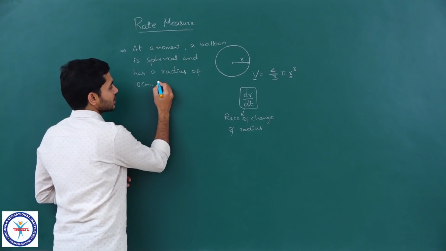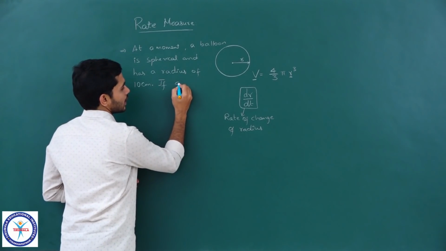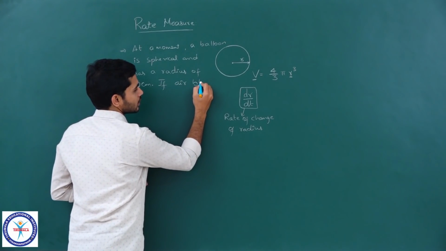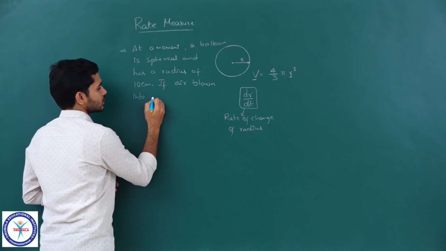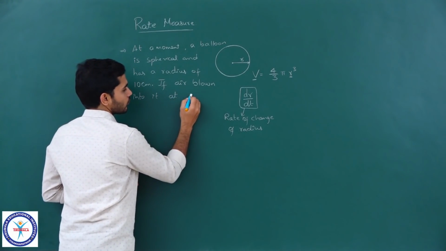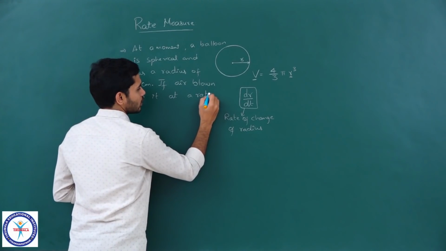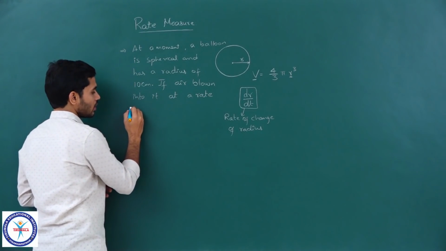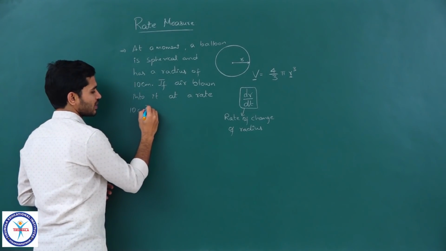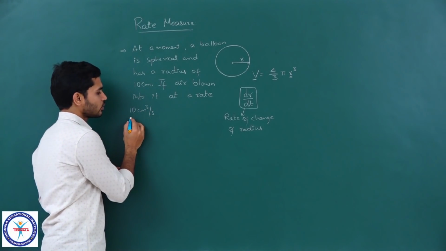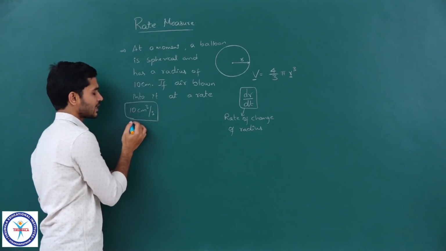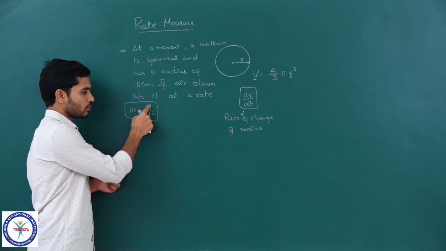So, let us consider that air is blown into it at a rate of, let us take some value, let us say 10 centimeter cube per second. By looking at this unit you have to understand centimeter cube per second.